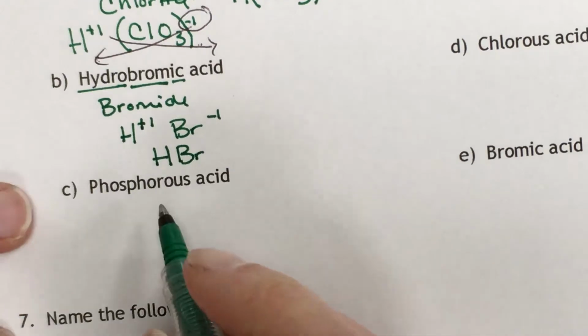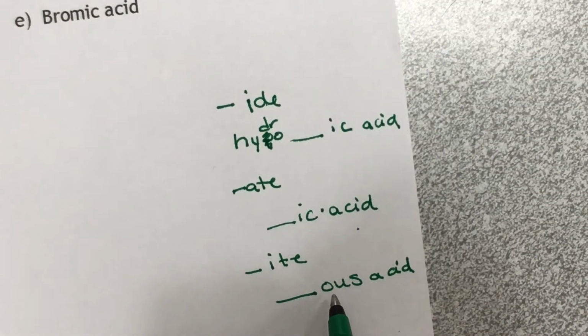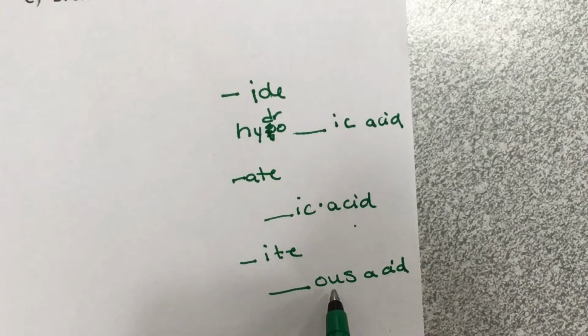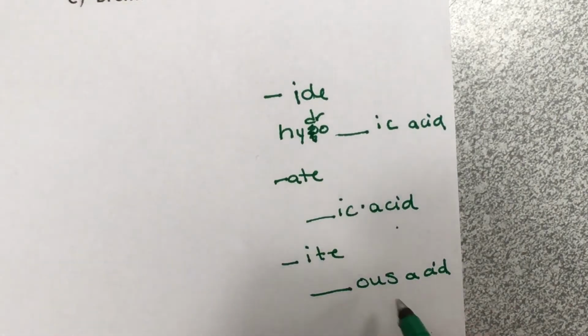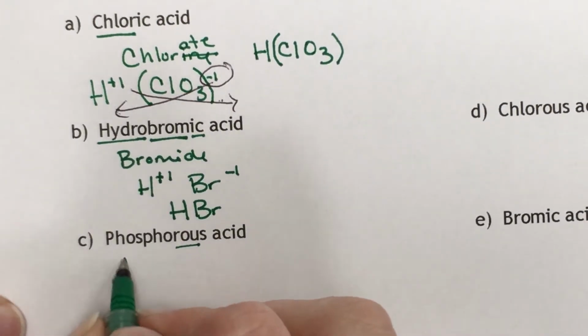Phosphorus acid. Okay, so we have this OUS at the end. So now we're going to look at our little chart, OUS acid. Okay, so ITE, we have OUS acid. That means that whatever it is ended in ITE, so we're going to write phosphite.